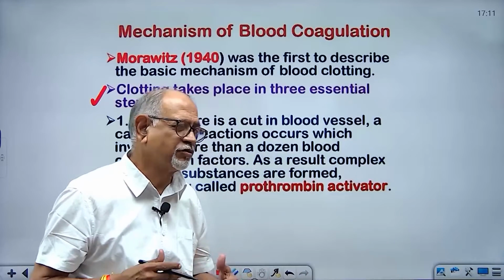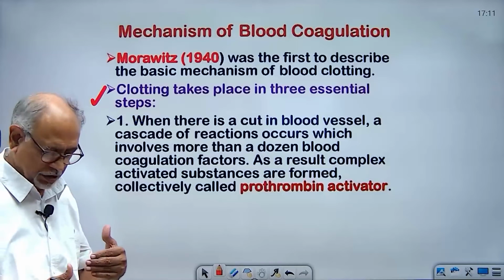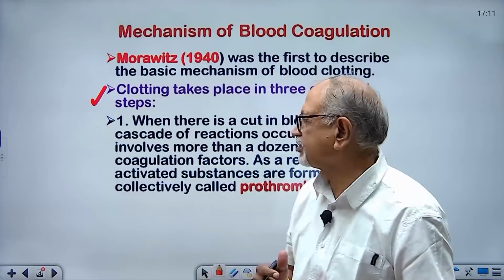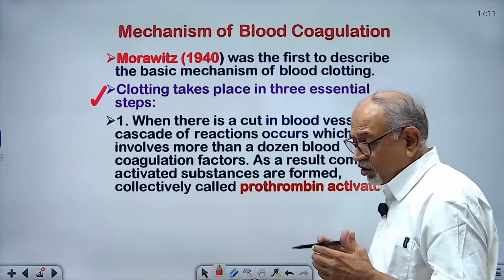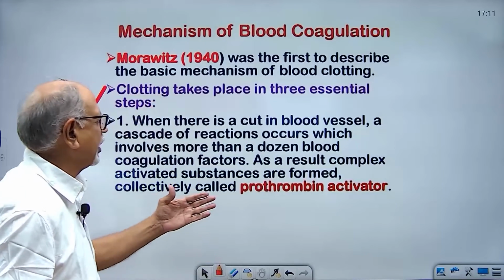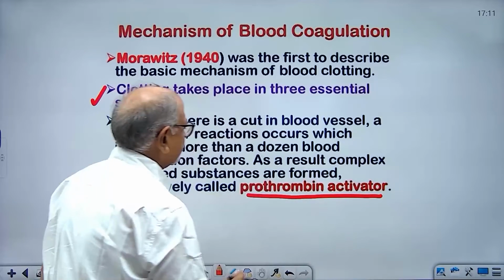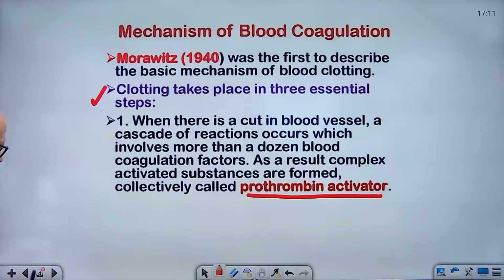There are about a dozen clotting factors which act one after the other in a cascading manner. As a result, a complex is activated which is called Prothrombin activator, and this initiates the blood clotting.